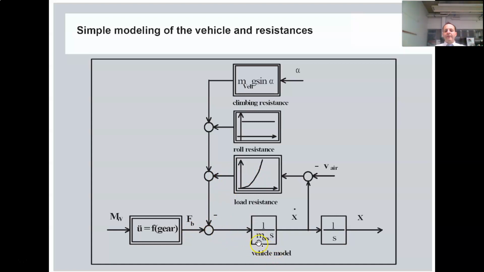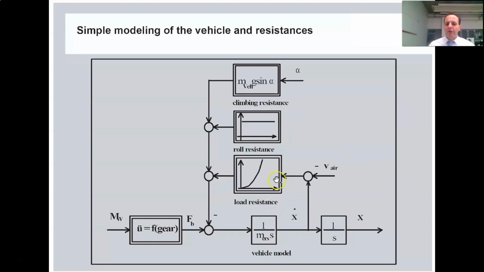here the vehicle models with, especially, the mass of the vehicle, and we have, for example, the load resistance depending on the velocity of the vehicle, which should be compared with the velocity of the air, and we have the climbing resistance, depending on the slope alpha, the slope of the road, the roll resistance and the load resistance.